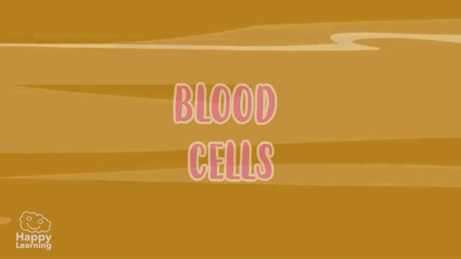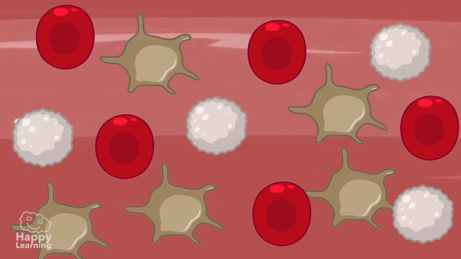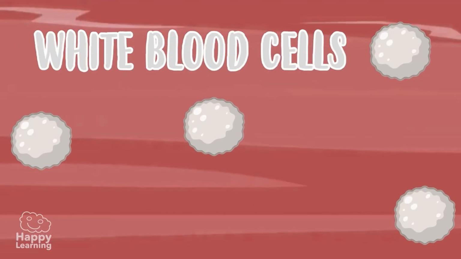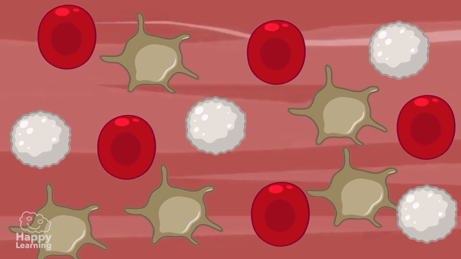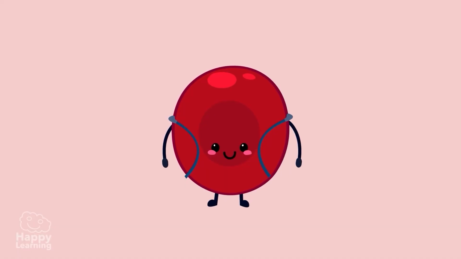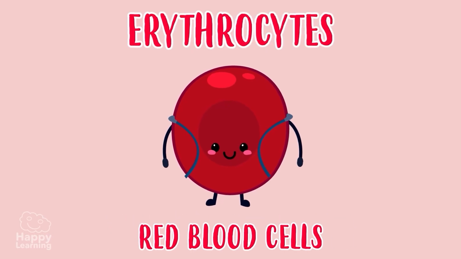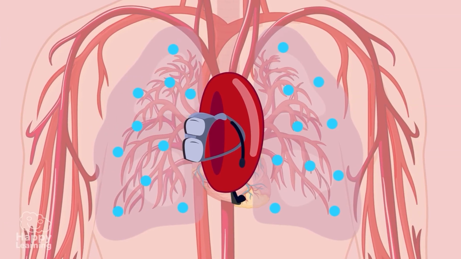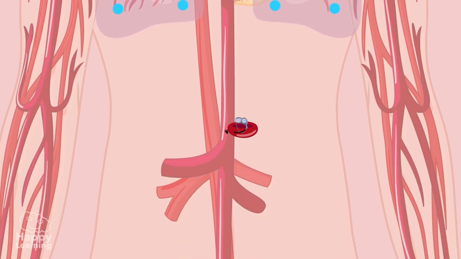There are 3 types of blood cells: red blood cells, white blood cells, and platelets, and they all have different functions. Red blood cells, also called erythrocytes, are in charge of carrying oxygen from our lungs to all parts of the body.